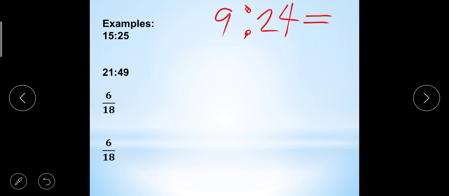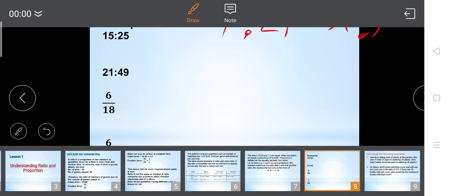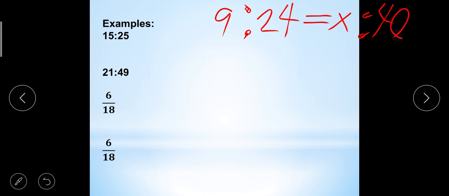So, i-represent natin siya as X. And then, ilan yung plants? 40. So, we need to identify how many liters of water ang gagamitin para madiligan yung 40 plants.